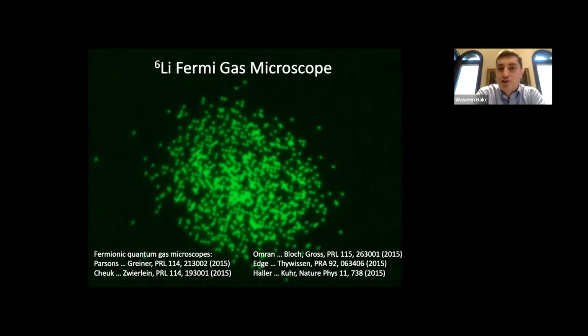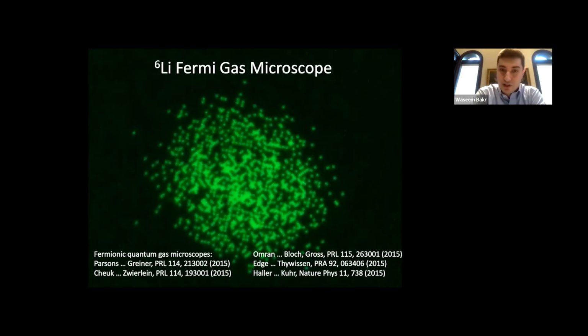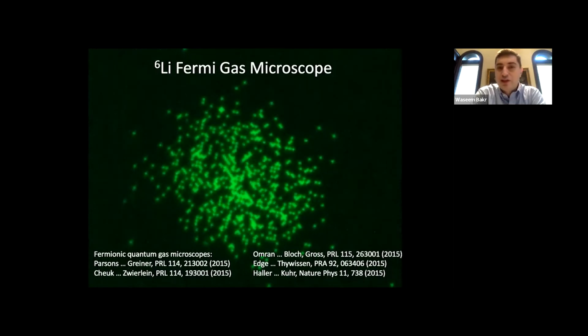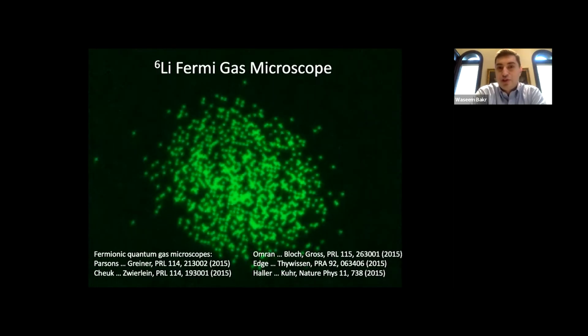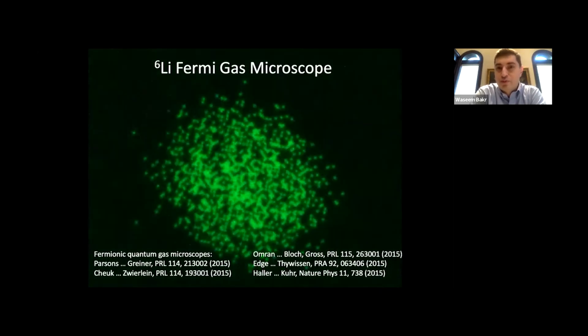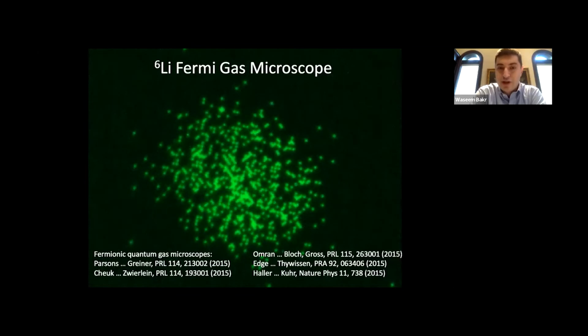And now you're able to extract all sorts of correlations and fluctuations that exist in the quantum many-body system. So the way we take these pictures is, of course, you want to scatter some light. Typically, you want to scatter about 1,000 photons per atom to get a sufficient signal to noise on the camera.